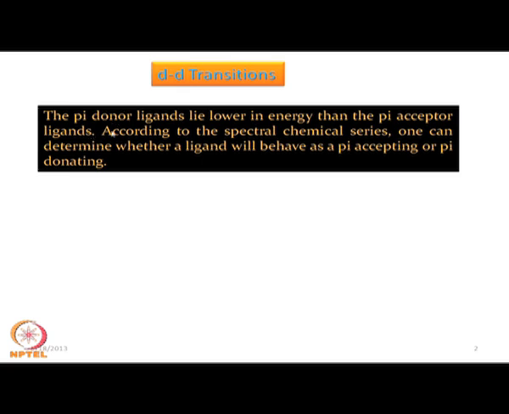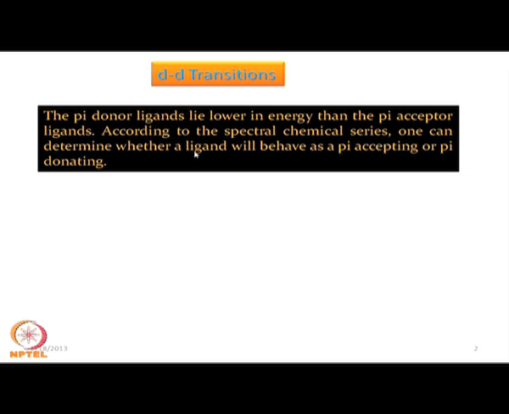So, we can have the pi donor ligands. These pi donor ligands lie lower in energy than the pi acceptor ligands. So, for the energy leveling of these different types of orbitals, most of the time we are considering the corresponding sigma donor only ligands, that means the water molecule and the ammonia molecule.